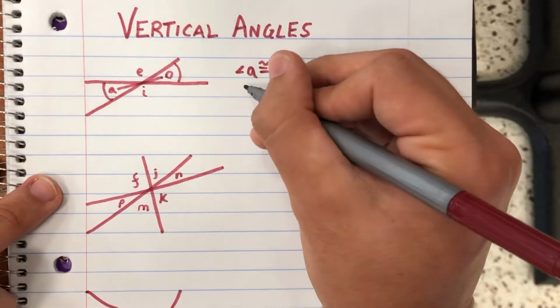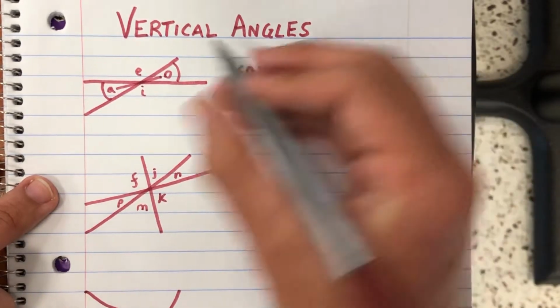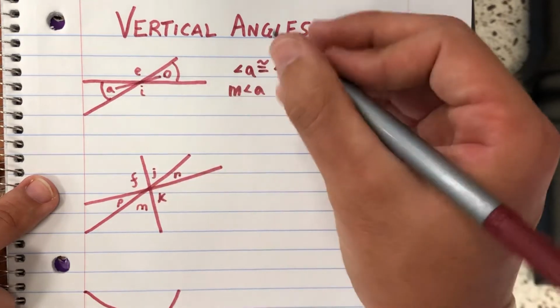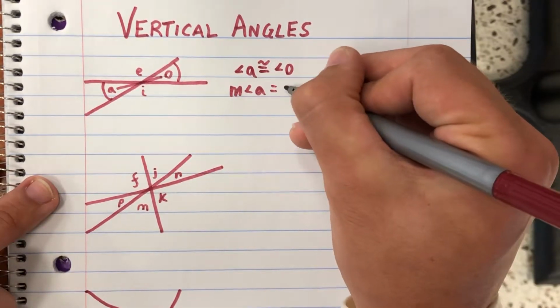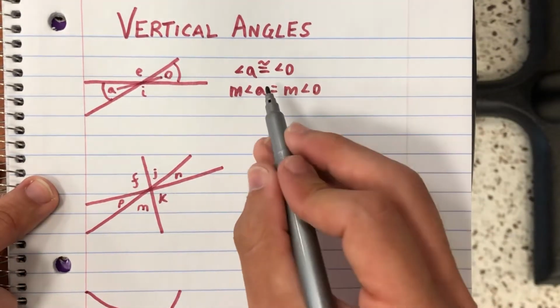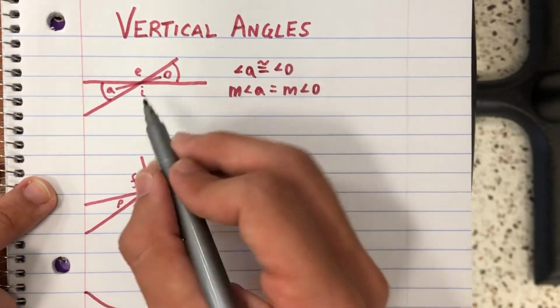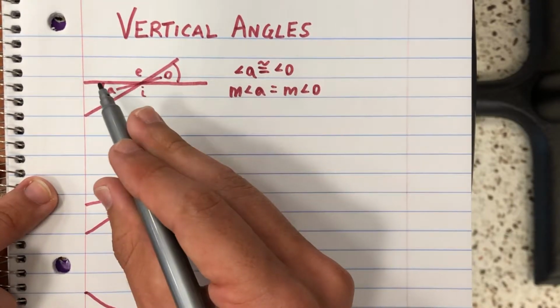I could also write that the measure of angle A, the number of degrees right here, would have to be equal to the measure of angle O. That gets into the difference between congruence and equality, but those are congruent because they are vertical angles.